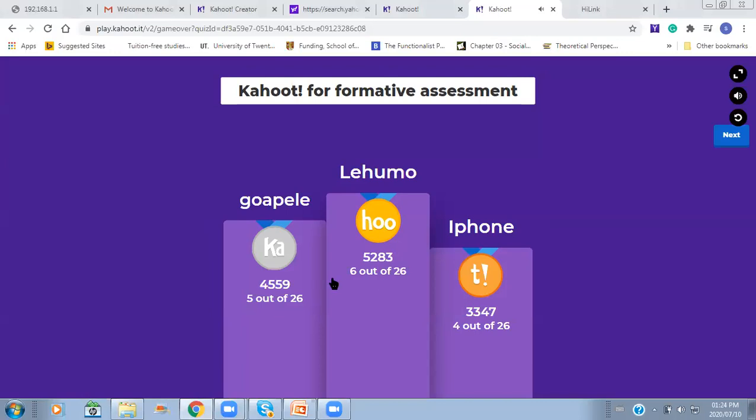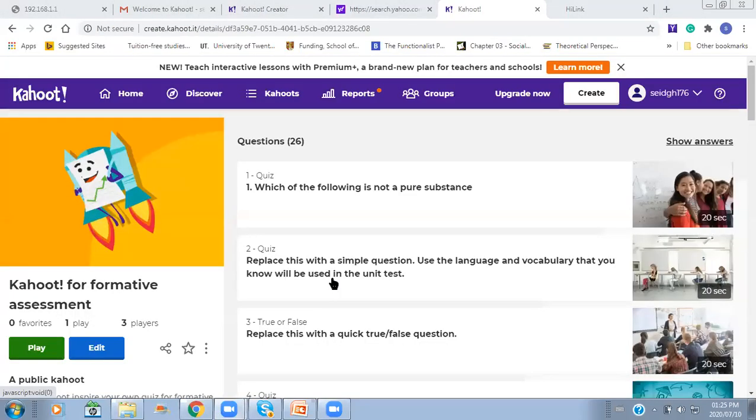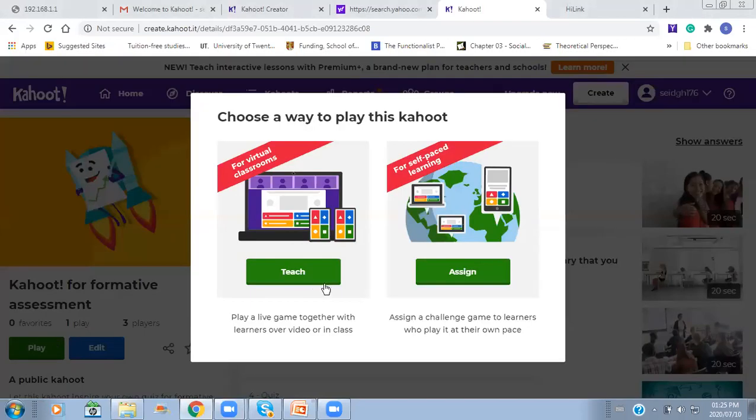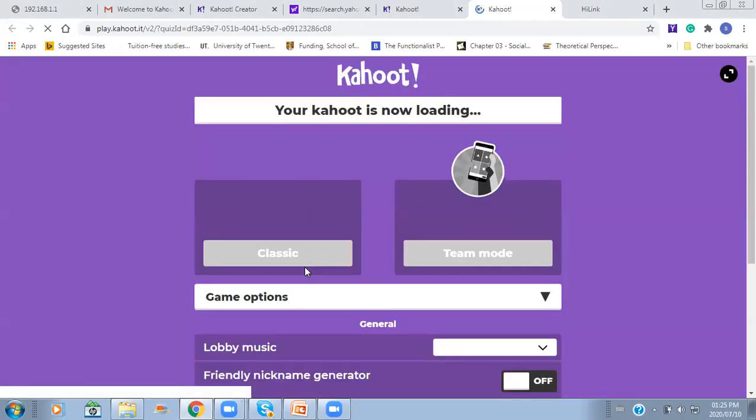Okay, guys, if you are ready, I've just switched. When I say play, you are going to join. Look at the basic instructions and then you will see it. When it says play, you will have to go. It will tell you when to join, and the pin will be there.